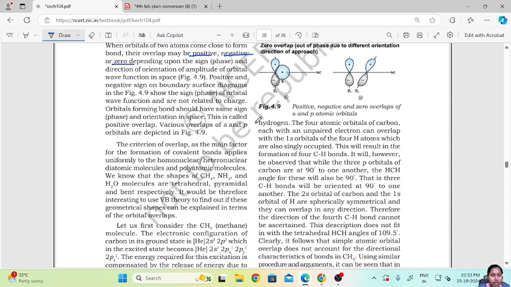Various overlaps of s and p orbitals are depicted. So when you have an overlap of orbitals having the same sign and orientation in space, this is called positive overlap.